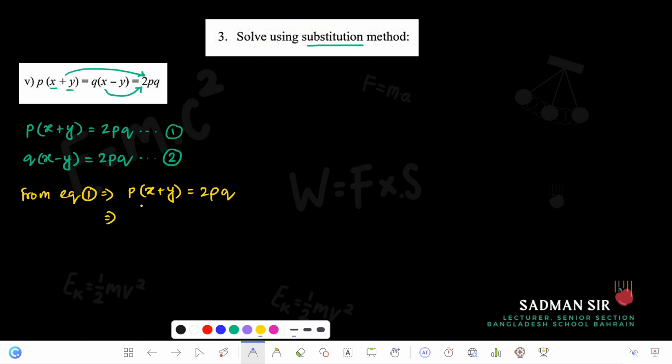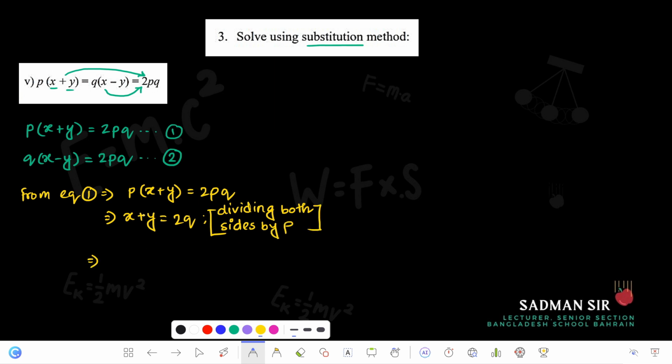So this equation will become x plus y equal to 2q. Here in the side bracket you have to write dividing both sides by p. It's better to mention it, okay?